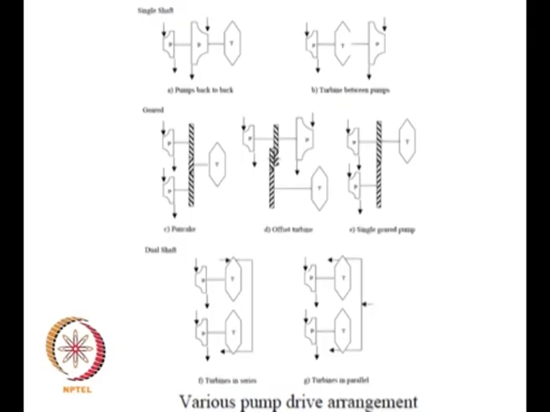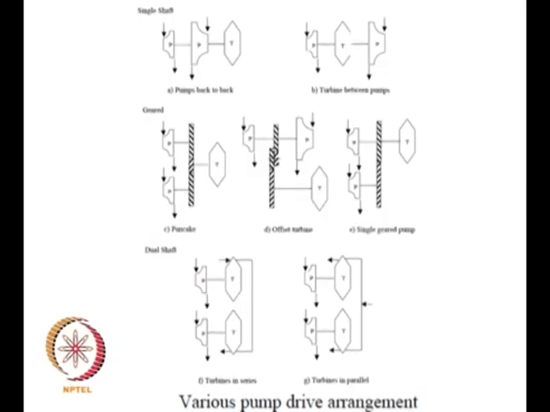Then this arrangement C and G, you have in this case in C the pumps are arranged in series, whereas in the other one you could have turbines arranged in series, that is the gases pass through the first turbine and then the same gases pass through the second turbine.